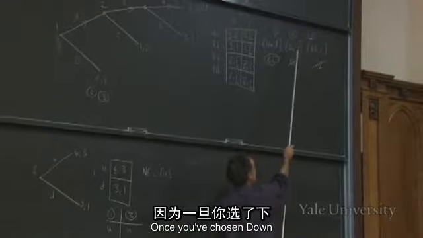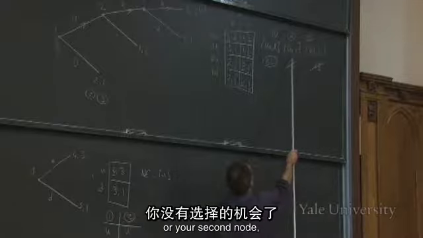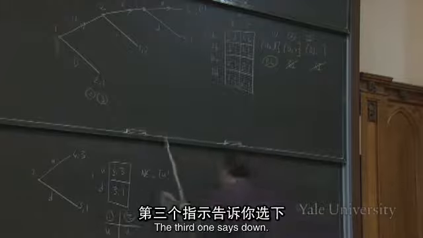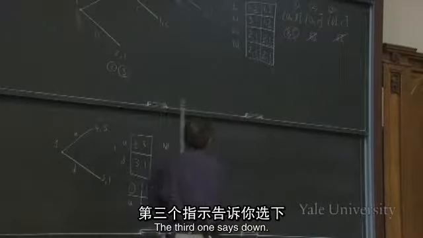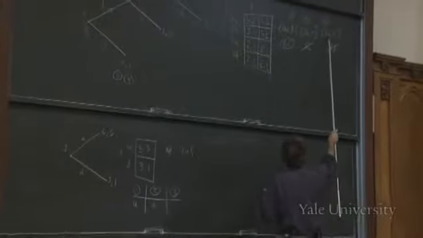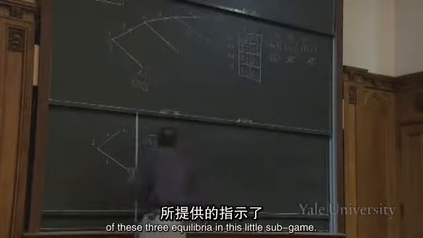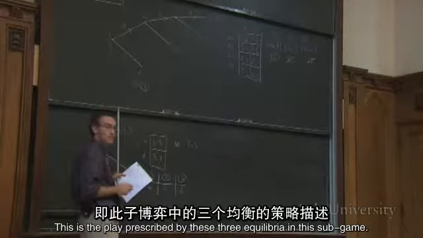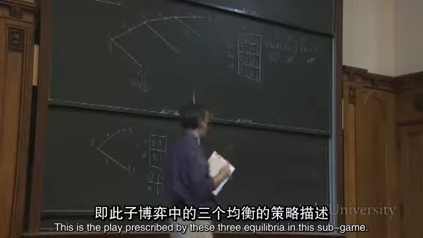Once you've chosen down, you know you're not going to get to make a choice at the third node or your second node, but nevertheless, there's the instruction and it says up. Right? And the third one says down. So these are the instructions of these 3 equilibria in this little subgame. This is the play prescribed by these 3 equilibria in this subgame.